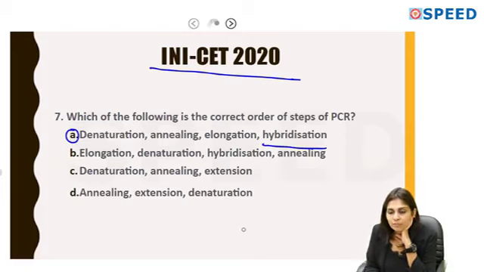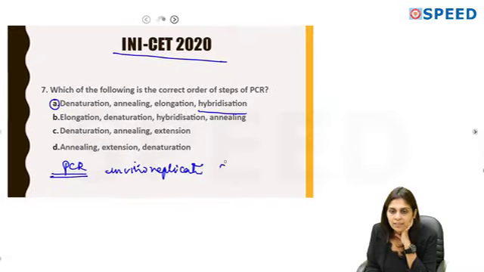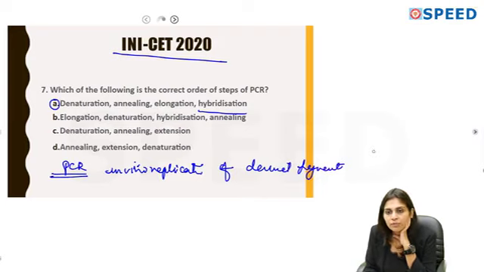So what are the steps of PCR? I want you to know that PCR is nothing but in vitro replication. Right? It is in vitro replication because it's happening in a test tube, and it's in vitro replication of a desired fragment of DNA. So again in the app I've told you in detail about steps of PCR and types of PCR, and differences of types of PCR.